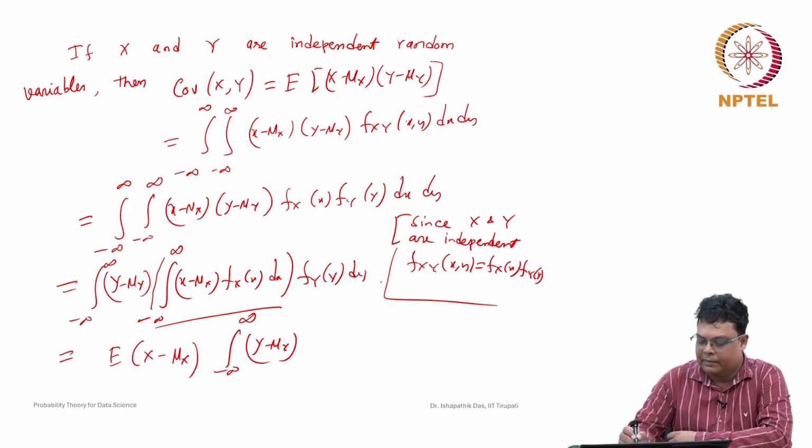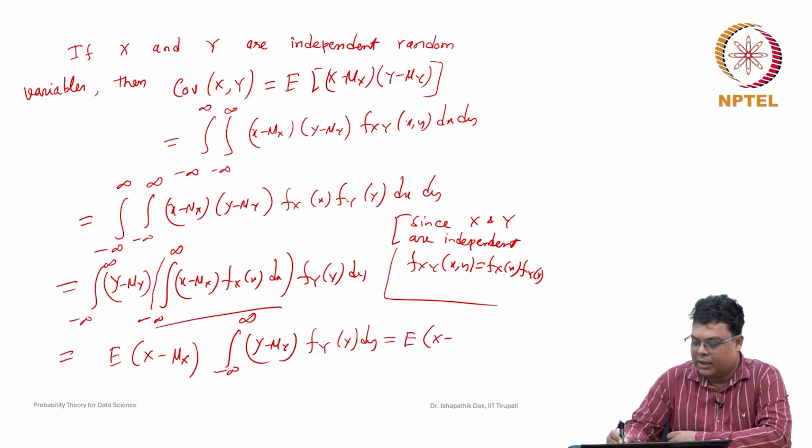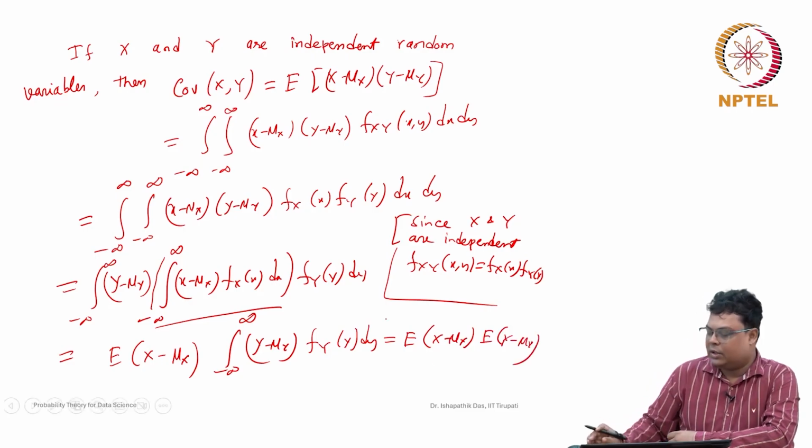So finally, what we get is the expected value of (X minus mu_x) into the expected value of (Y minus mu_y). So that we just wrote.